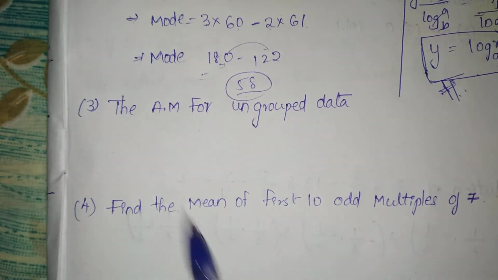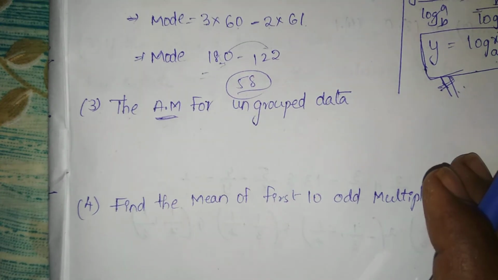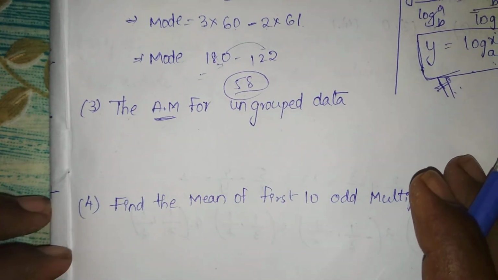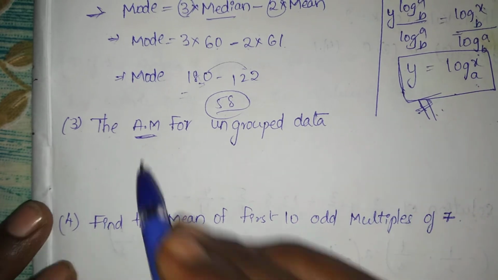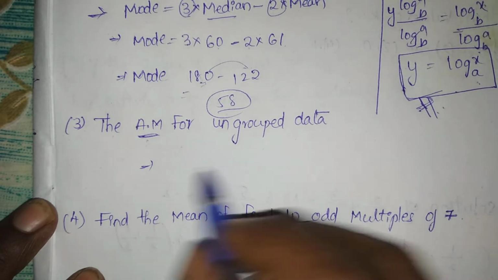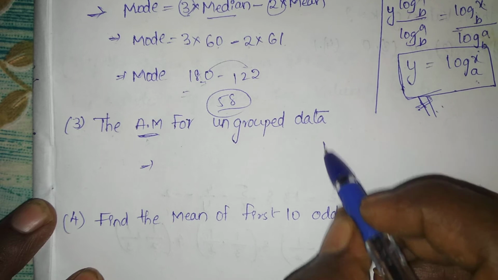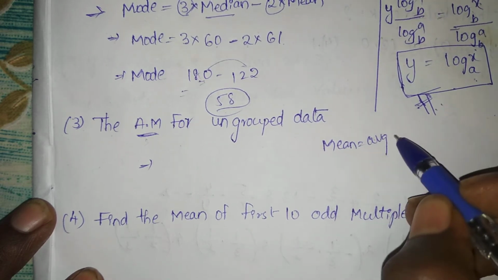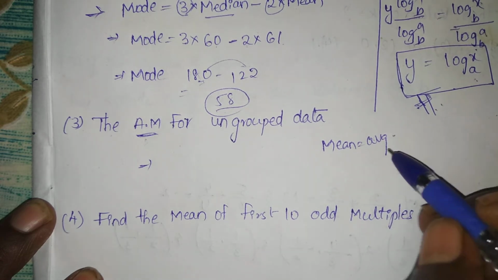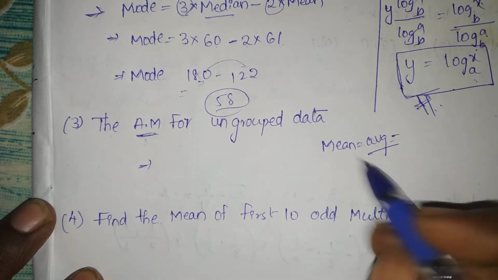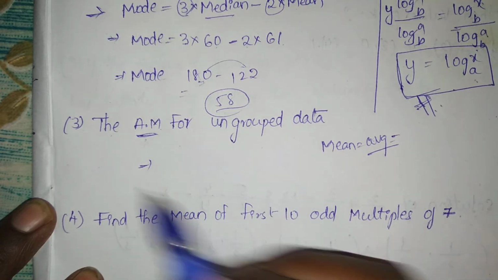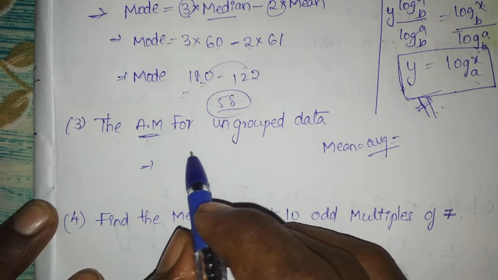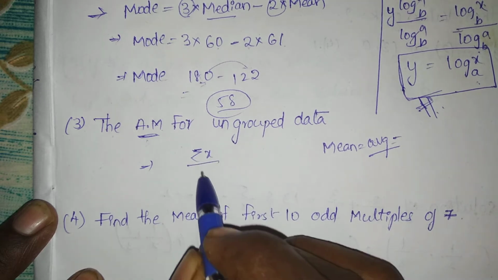Now, question number 3: the arithmetic mean for ungrouped data. What is arithmetic mean? In the name itself, arithmetic means addition. Mean can be called the average value of observations. In arithmetic mean it is summation x by n.